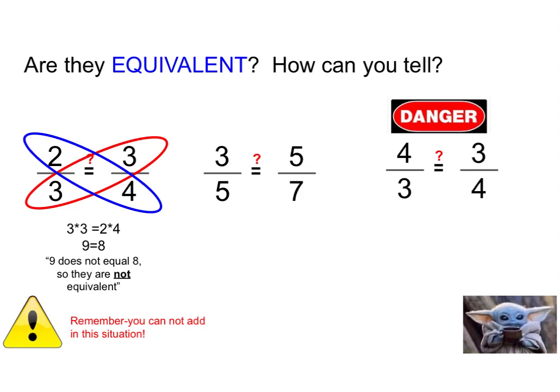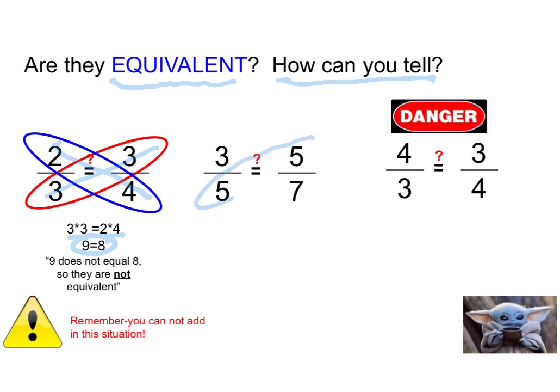Yesterday, we were tasked with determining: are the fractions or ratios equivalent, and how can we tell? As a reminder, we're going to use cross products. 3 times 3 should be equal to 2 times 4. In this case, 9 does not equal 8, so they are not equivalent.